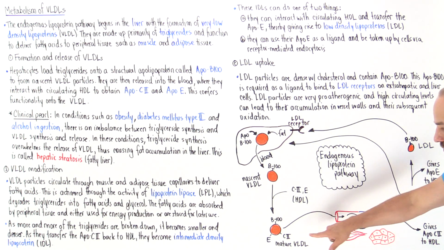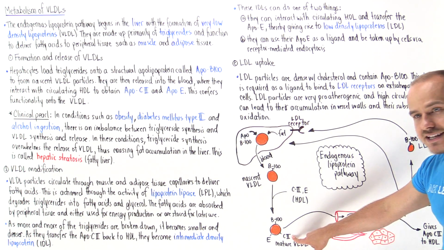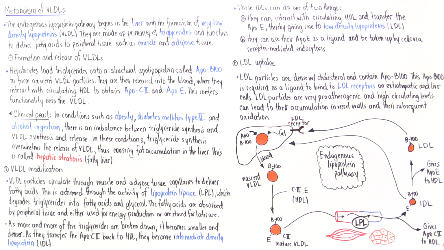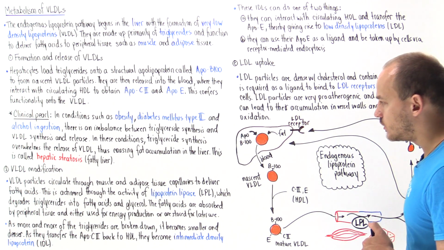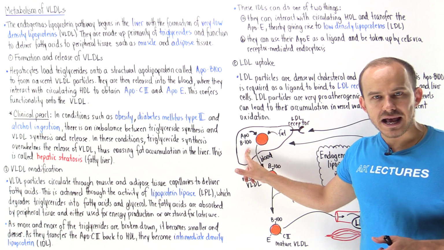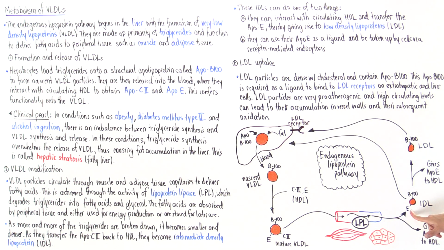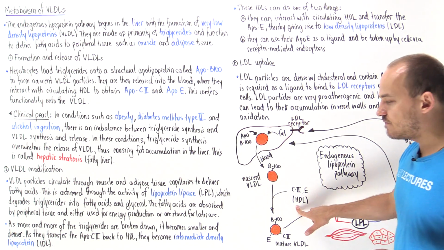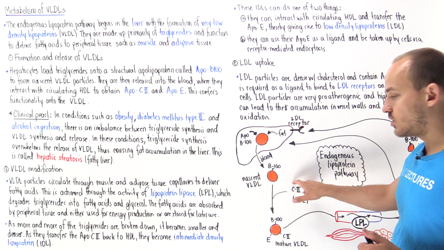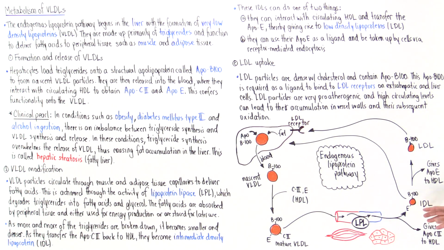And eventually, this apolipoprotein C2 is given back to an HDL molecule circulating in the bloodstream, and this gives rise to a molecule known as intermediate density lipoprotein, IDL. So IDL contains the apolipoprotein B100 that initially came from that liver cell, and also apolipoprotein E that came from circulating HDL molecules at the beginning of this process.